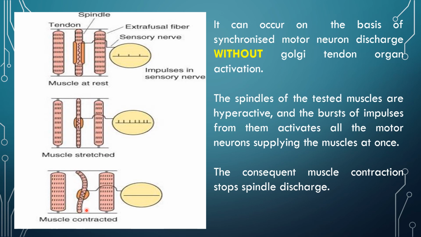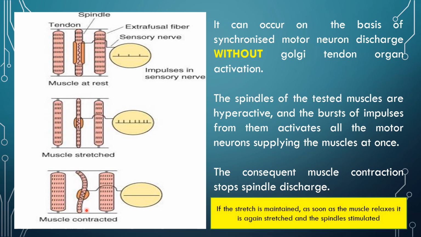The stretch is maintained, and in the stretched muscle the muscle spindle will remain stimulated, and that will cause a burst of impulses at the anterior motor horn cell, and there will be firing of all the motor neurons synchronously at a single point of time.